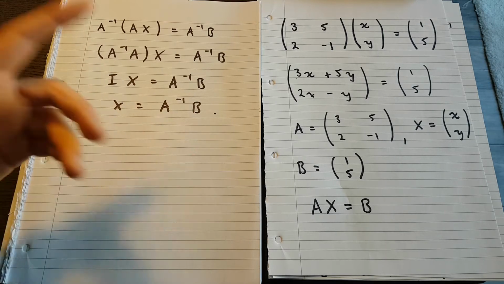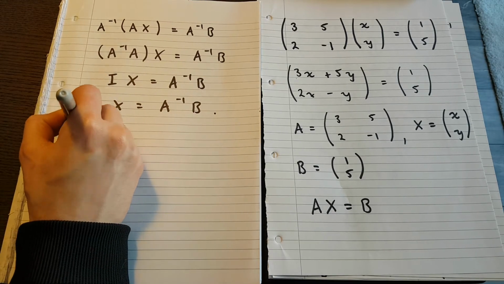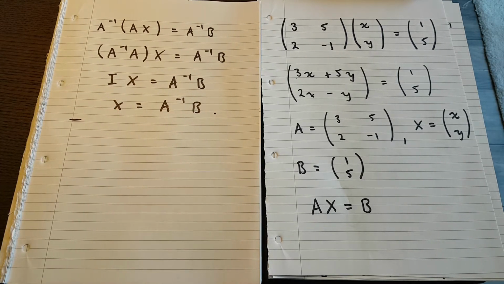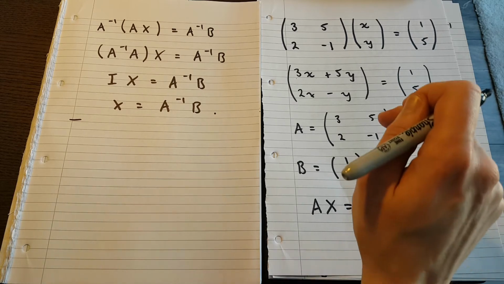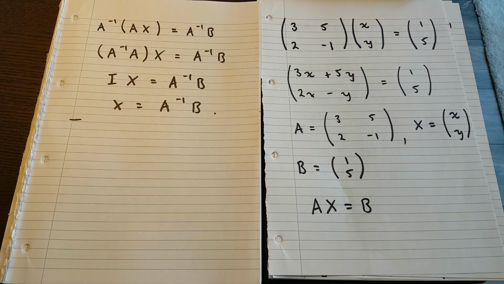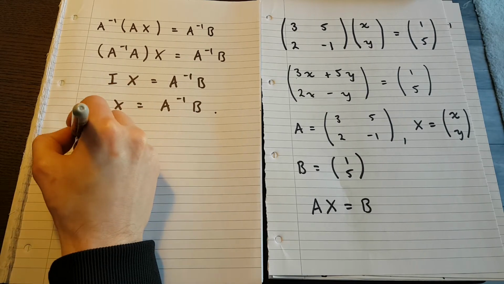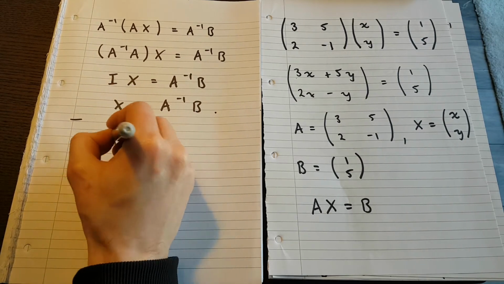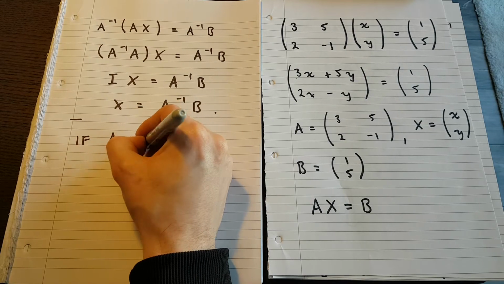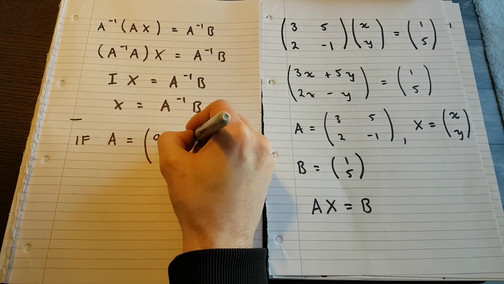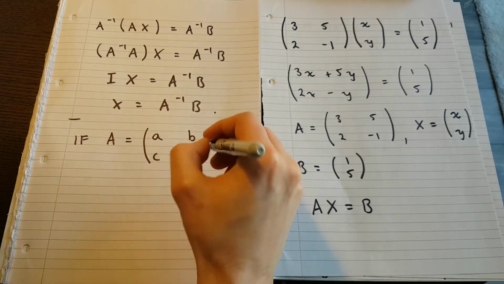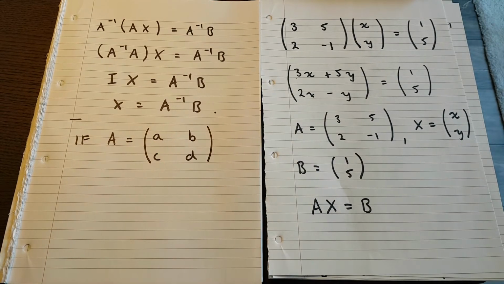So the question is, can I actually go and find the inverse? And just as a really quick reminder, I'm going to do the 2 by 2 case, which won't take me very long because we have a formula for our matrix inverse. So if A is equal to A, B, C, D, you all saw this last year. I didn't teach it to you, but I know you all saw it last year.